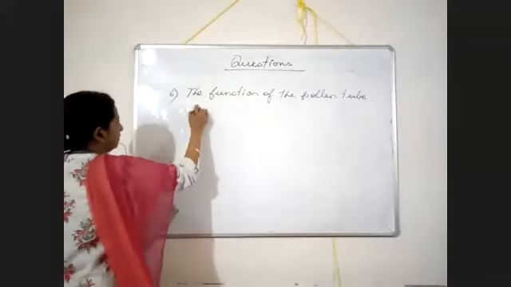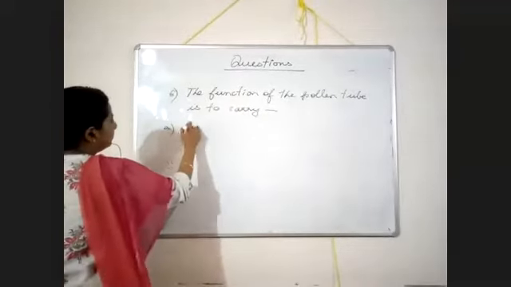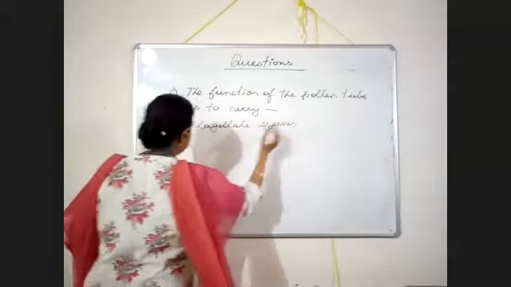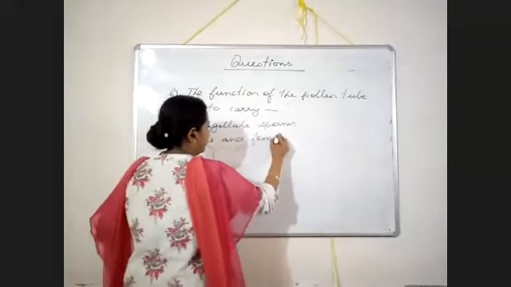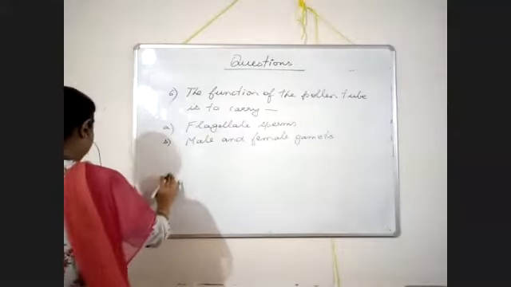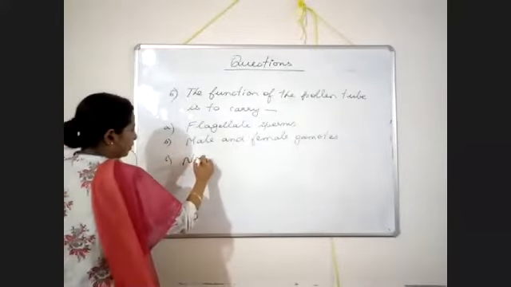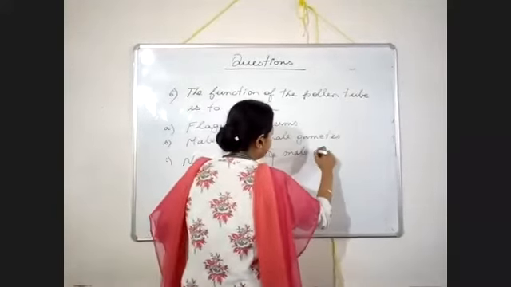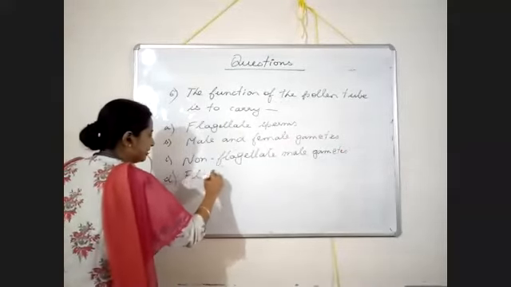The function of the pollen tube is to carry: flagellate sperm, male and female gametes, non-flagellate male gametes. Options here.